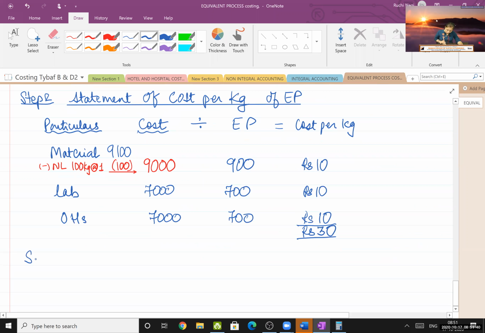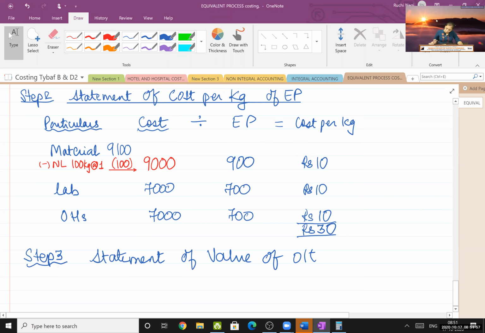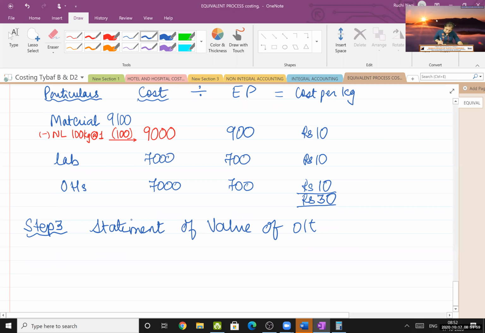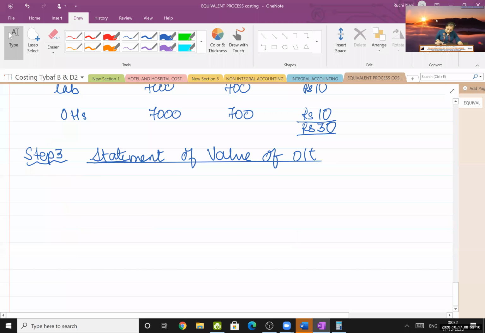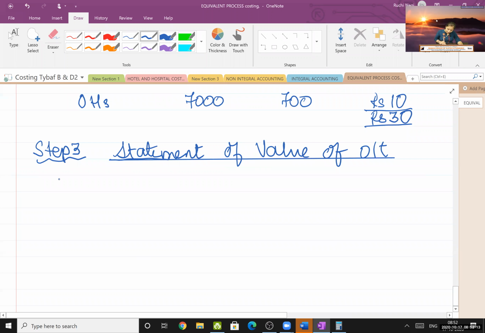Okay, then step 2 is done. Step 3, now you have to calculate the value. Statement of value of output. Now I have two outputs, one is my finished goods and one is my WIP. So first I will calculate finished goods.